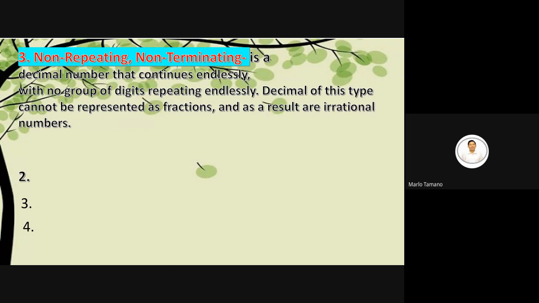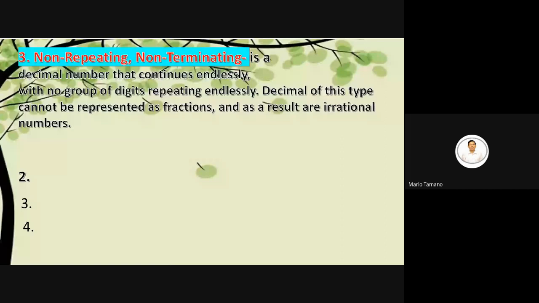Kanina, we defined rational numbers, no? Lahat ng mga numbers na pwedeng isulat ng fractions, in the form of A over B. This time, no? So when we say non-repeating, non-terminating, ang tawag natin sa kanila ay irrational.